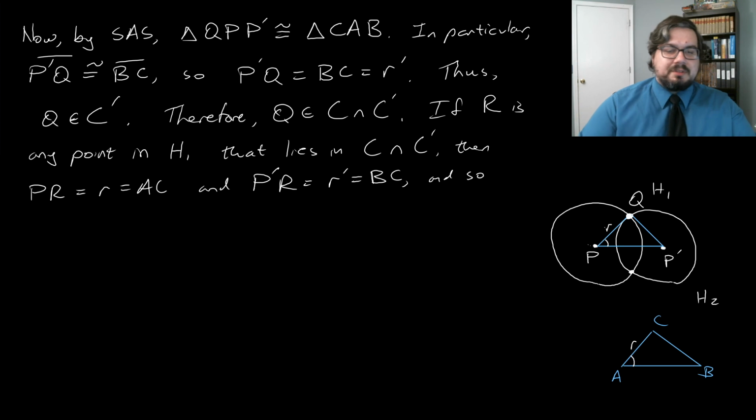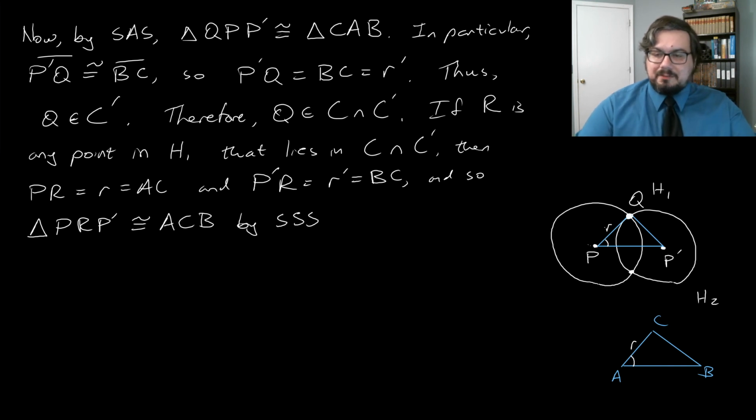And so this would tell us that the triangle PRP prime would be congruent to ACB by side, side, side. If I chose some other point R that also lay on both circles, then it would have exactly the same side lengths as the triangle ABC.